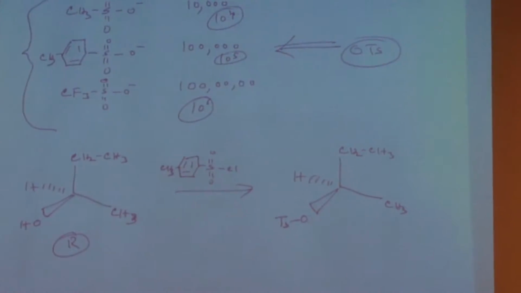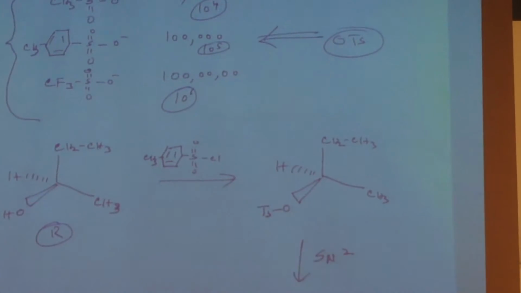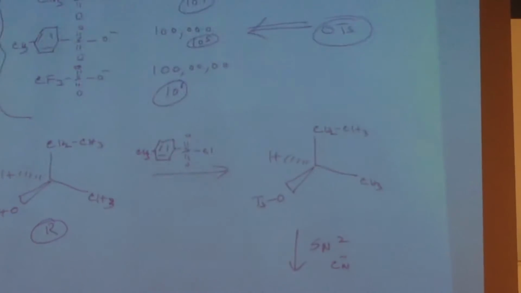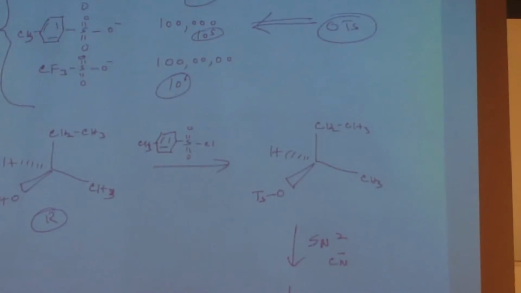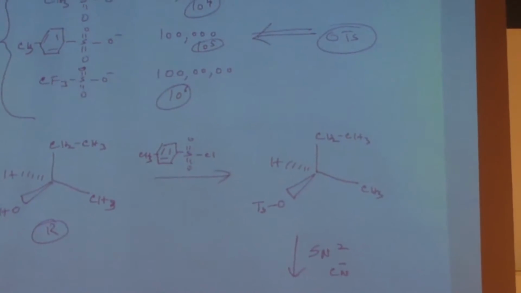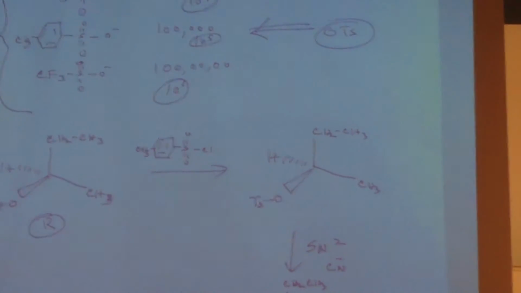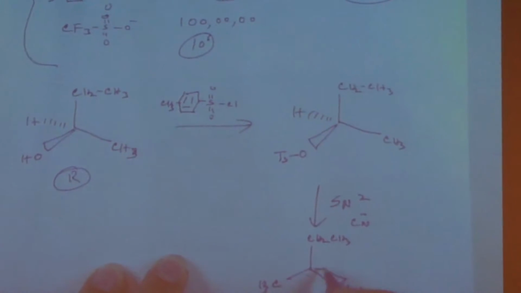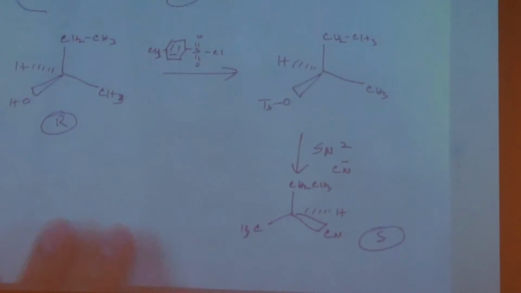And now you carry out the SN2 reaction with anything, let's say if you use cyanide, you are going to get an inversion of configuration, converted to S stereochemistry.